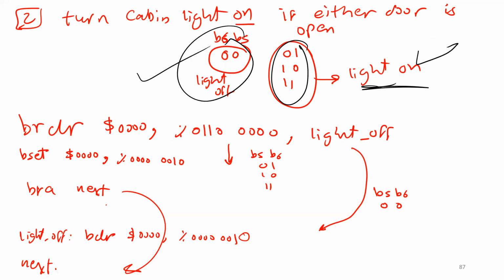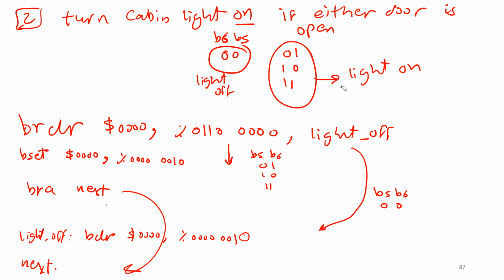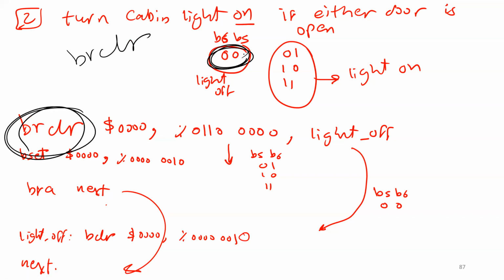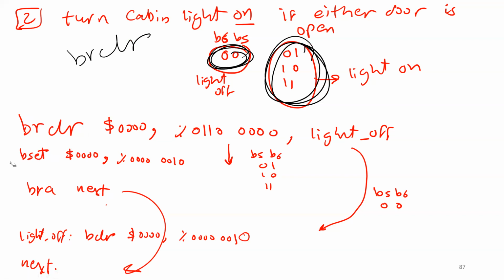Keep in mind, the instructions I have can look for both of them being zeros or both of them being ones to branch. So if I say branch if clear, that's exactly what I'm gonna do right now. I'm gonna branch if both of them are clear, otherwise I'm not gonna branch.